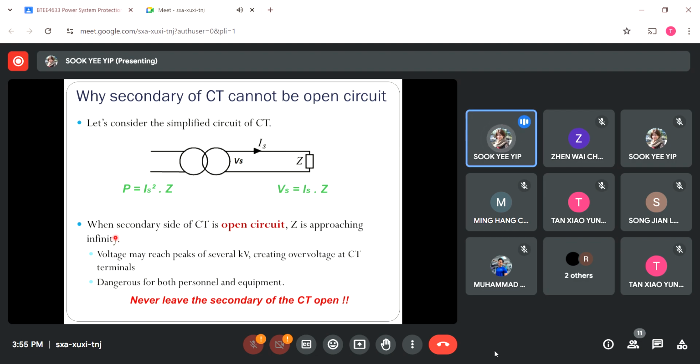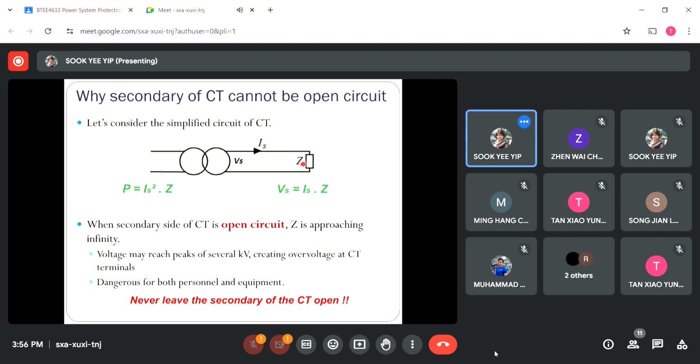So let's check out what happens if the secondary side becomes open circuit and the Z value, the load here, is approaching infinity. You will notice that if this value is high, the voltage and power are high as well. So the secondary voltage can reach very, very high values, up to several kilowatts, creating over voltage conditions at the secondary terminals here.